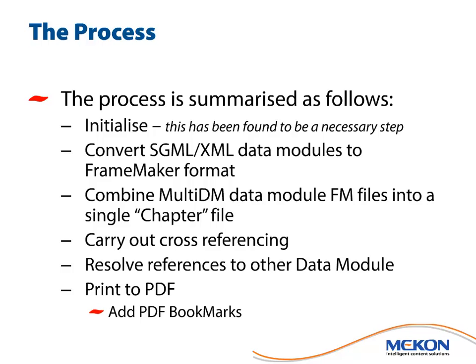And then it carries out the cross-referencing process, then resolves references to other data modules, and then prints to a PDF file, and the post-processing is to add the PDF bookmarks into the system. So in fact, on that left-hand window of Adobe Acrobat, you do get your bookmarks to take you straight to the areas that you need to get at.